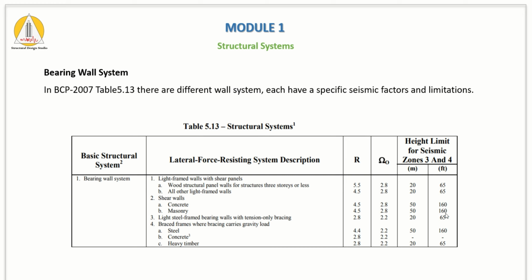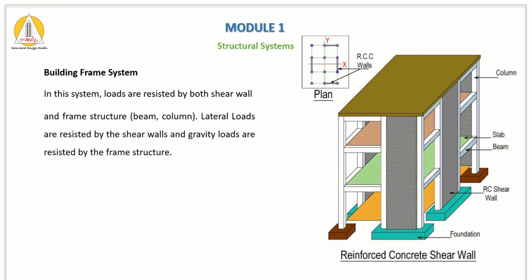You cannot build a structure having brick masonry to resist the seismic and gravity loads greater than 160 feet in height, right? So this is the masonry bearing wall system table from the Building Code of Pakistan. You can take the values as per your requirement.